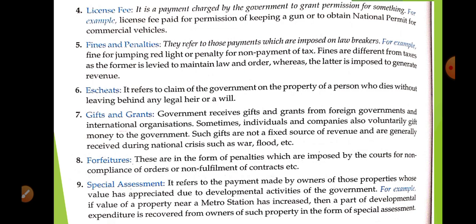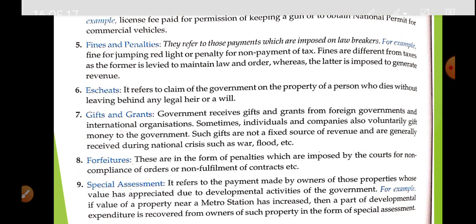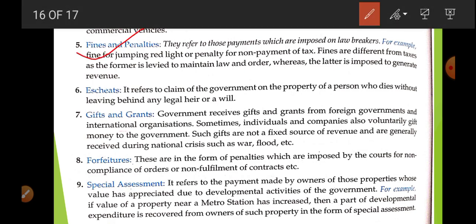Now license fees. You are taking a driving license or some other license, so you have to pay fees. This is also the income of the government. Fine and penalty, whenever you break the rule. There will be some fine or penalty, and this becomes a source of income for the government.